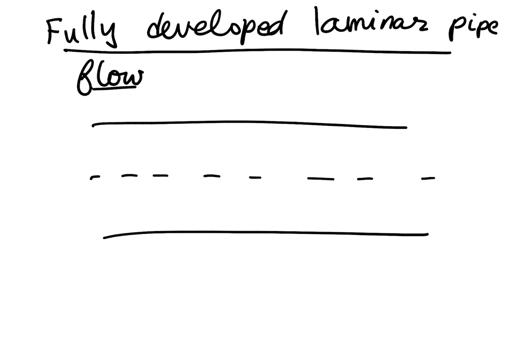We have a circular pipe of radius R, and we have a fully developed flow, which means the flow profile is fully viscous.